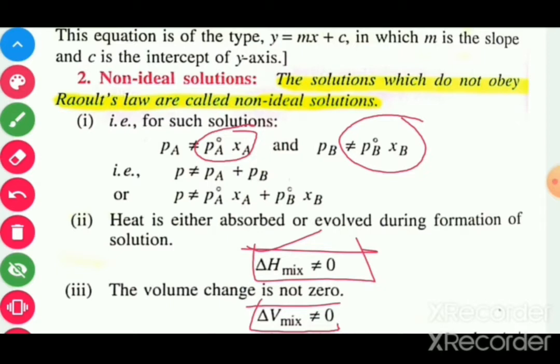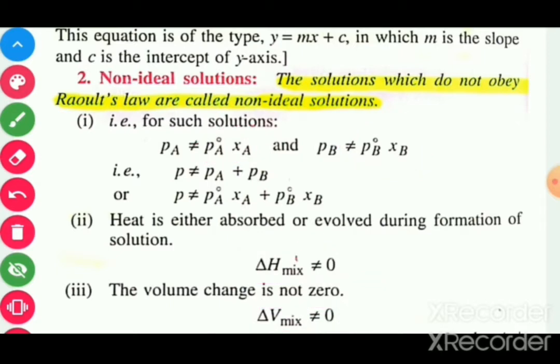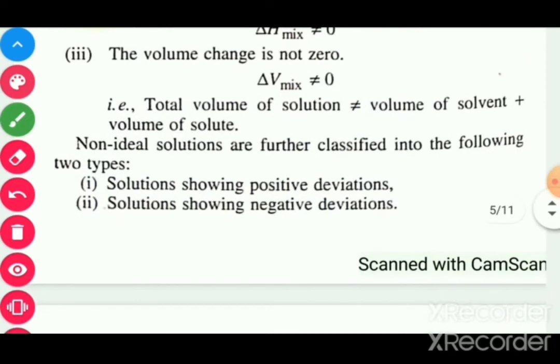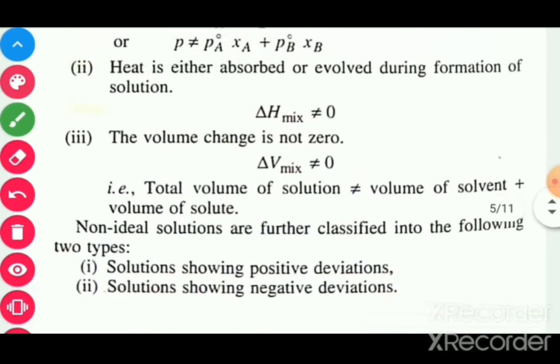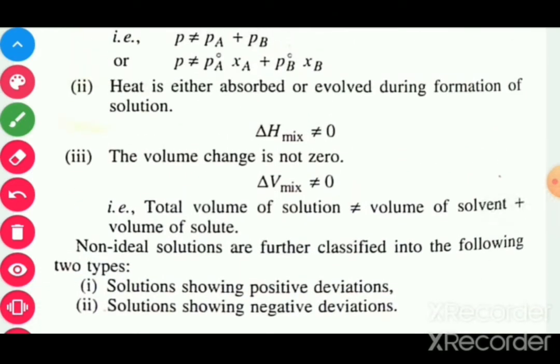Similarly, in the case of non-ideal solution, the solute may associate or dissociate. The change in volume is not equal to 0, that is, the total volume of solution is not equal to the volume of solute plus the volume of solvent.